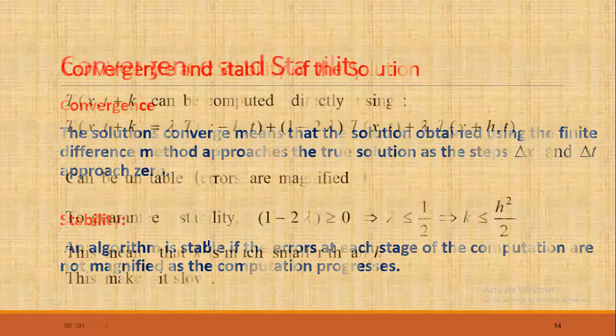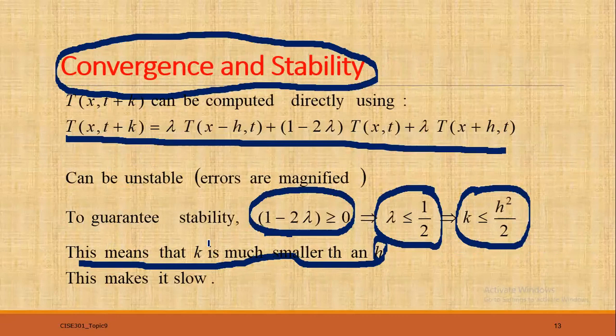So basically, the method is stable if lambda is less than 1 by 2, that means k upon h square is less than 1 by 2. Then this method is stable, otherwise not.